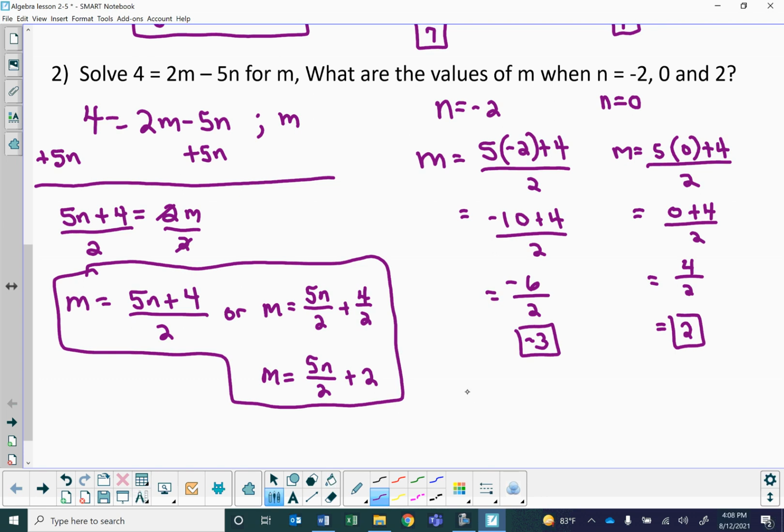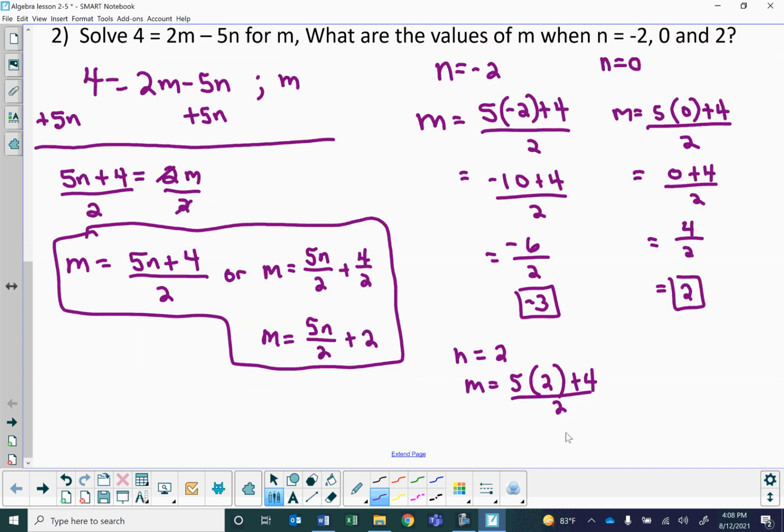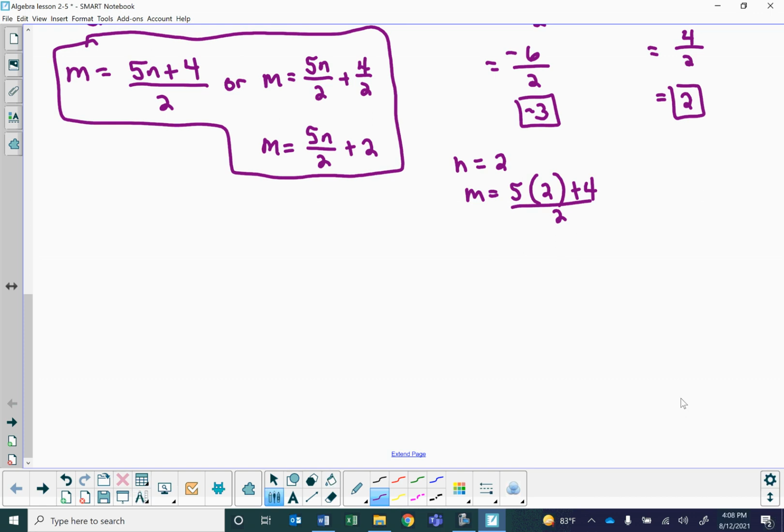And last but not least, when n equals 2, m will equal 5 times 2 plus 4 all over 2, which would be 5 times 2 is 10, plus 4 is 14 all over 2, which is 7.